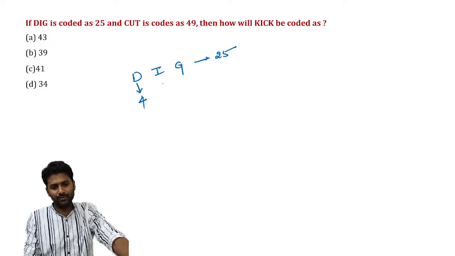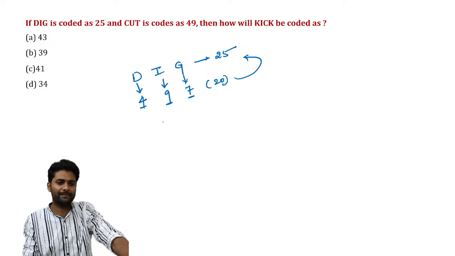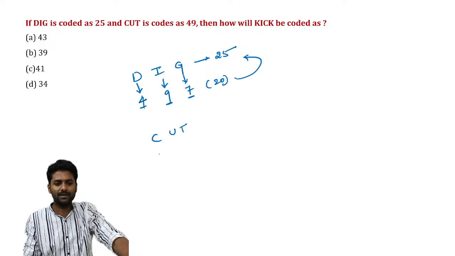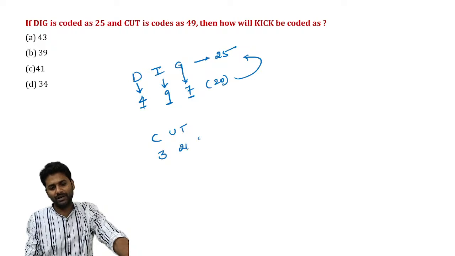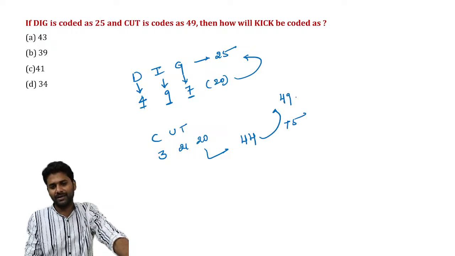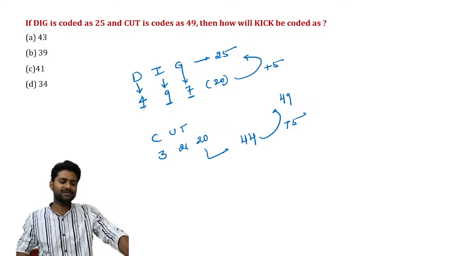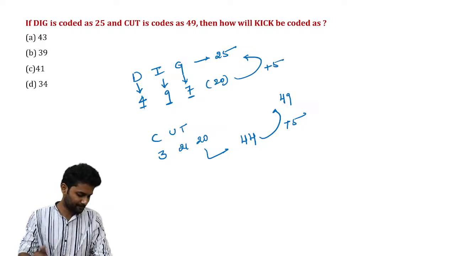D is 4, I is 9, G is 7. So 4 plus 9 plus 7, the sum is 20. But instead of 20, they given 25. Let's check with CUT. C is 3, U is 21, T is 20. The sum is 44, but instead of 44, they given 49. Means every time they are adding 5 units to the sum of alphabetical positions.